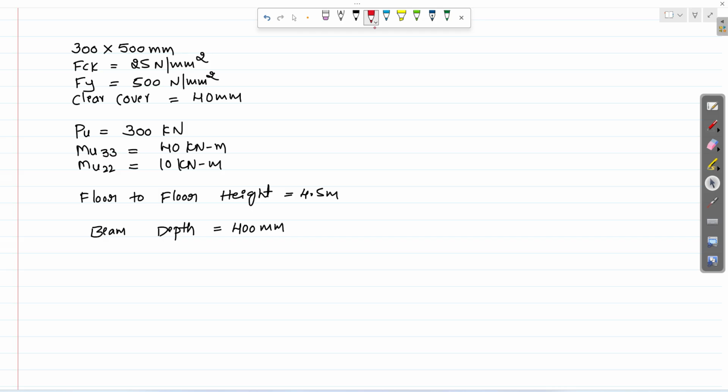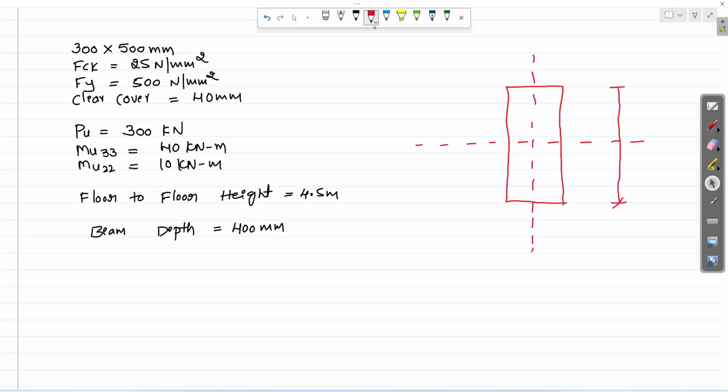Let me draw the column cross section. This is the cross section of the column. Total depth D will be 500 millimeter. Width will be 300 millimeter.